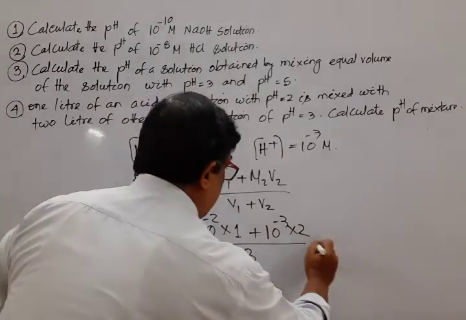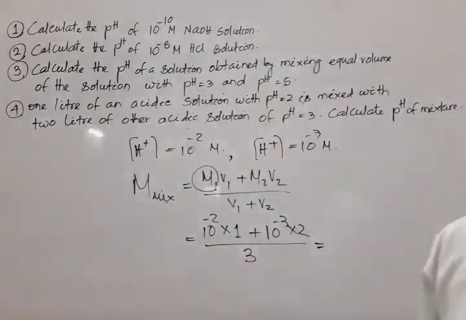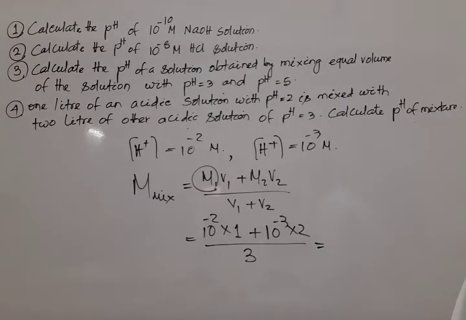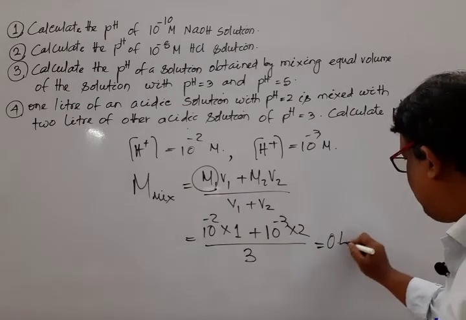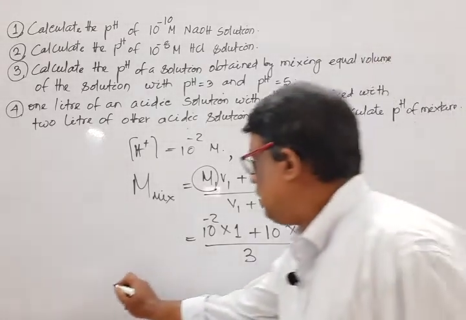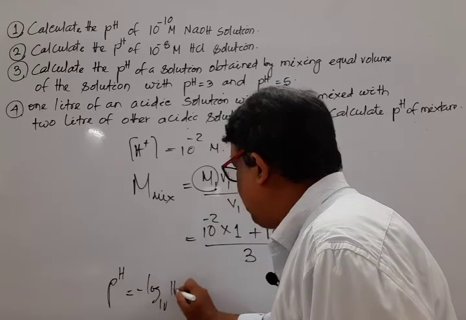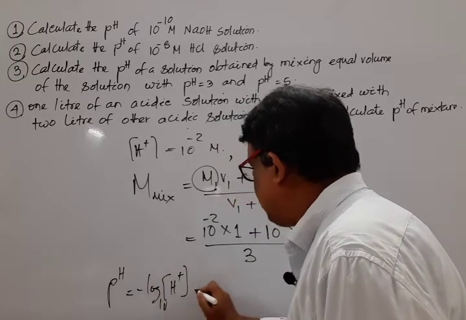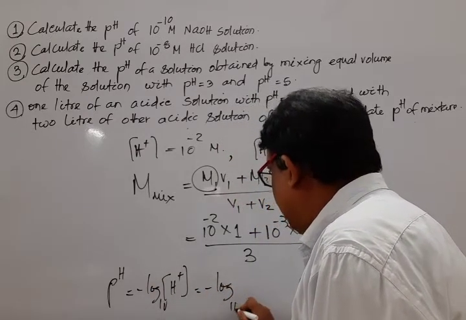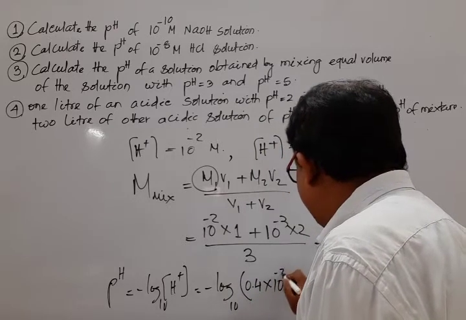By solving this, the value is nearly equal to 0.4 into 10 to the power minus 2. Then our aim is the pH, the negative logarithm of the resulting H plus ion concentration, that is the negative logarithm of 0.4 into 10 to the power minus 2.